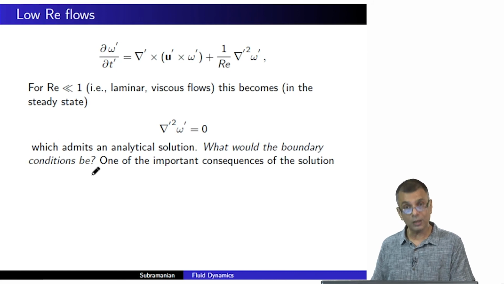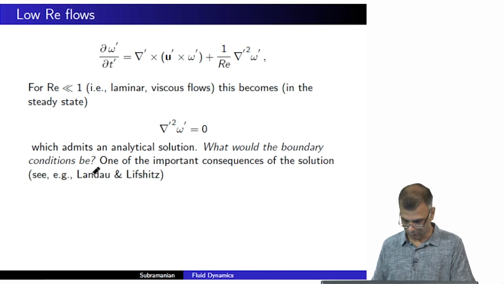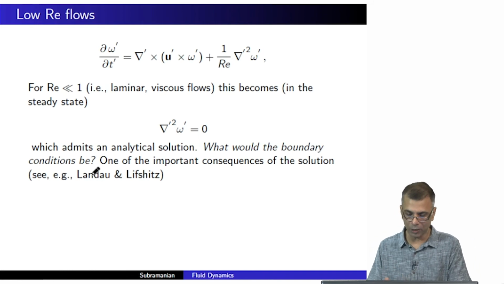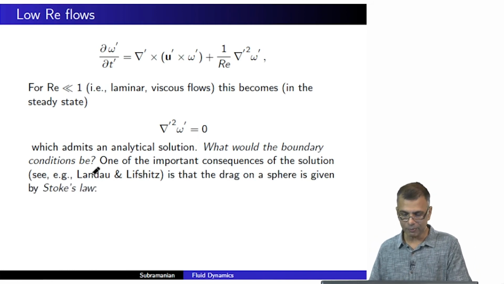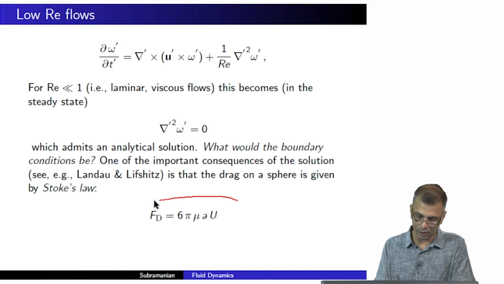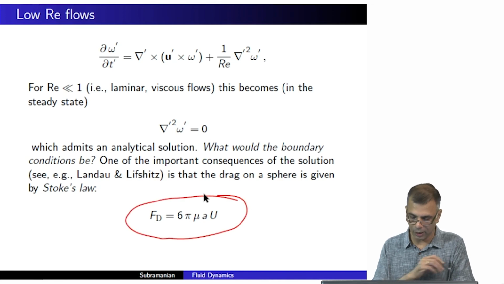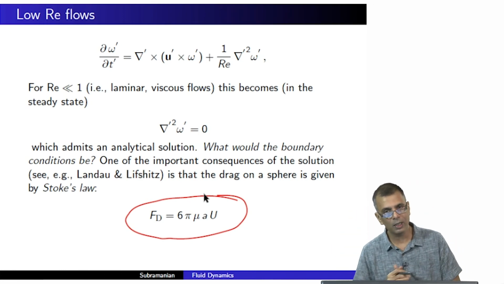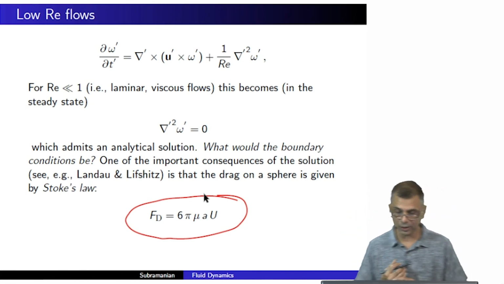One of the important consequences of this solution, and we will not go into this, I'll simply state this fact, is that the drag on a sphere is given by this. Okay, now let's pause for a moment and talk about what this means. If you recall, now even if you don't recall, that's all right.